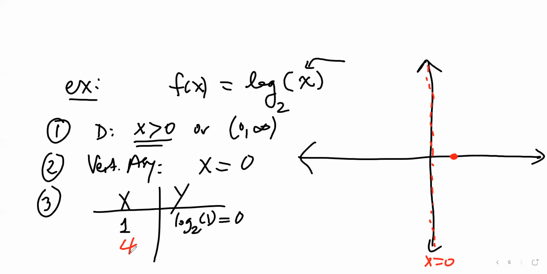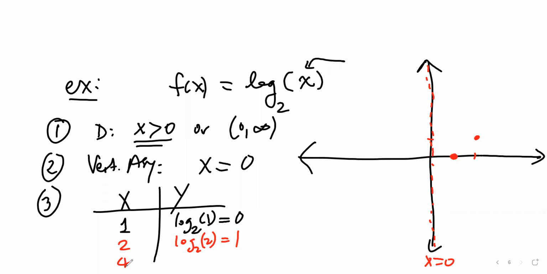Let me try another point. Maybe I can try 2 as well. If I plug in 2, this will be log base 2 of 2, and that equals 1. So this is the point (2, 1), and you're going to get a point right here. I don't want to try 3 because log base 2 of 3 is a decimal, and this is not graph paper, so it's not going to look good.